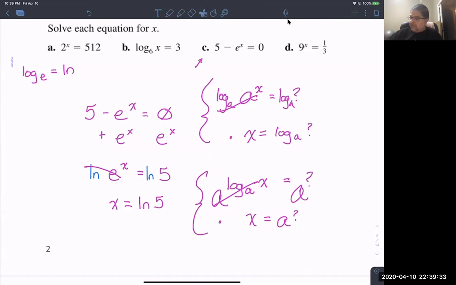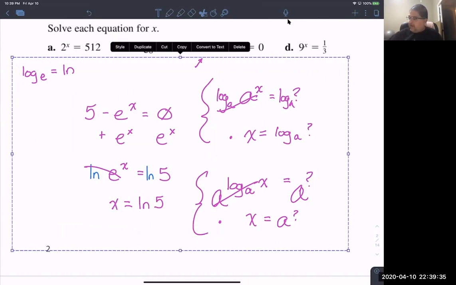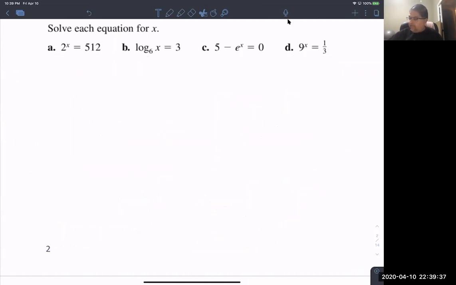So let's look at D. 9 to the x equals 1/3. Now, I can't make 1/3 a power of 9. There's no way I can rewrite 1/3 and have it be 9 to some power, okay? However, I can do a little trick.